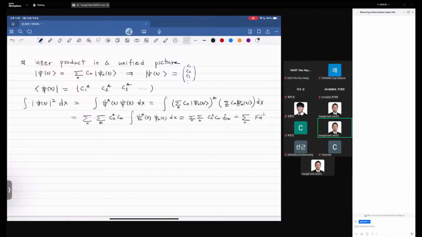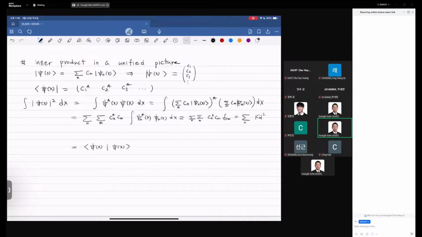And then, so let's link it with matrix notation. So this one is in fact the same as this, right? Inner product of itself.